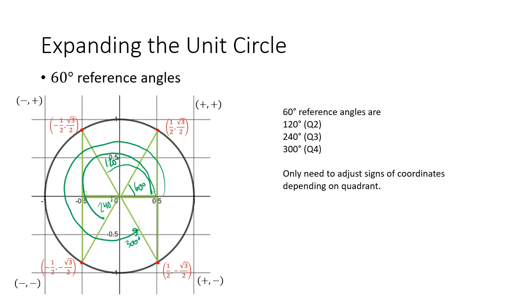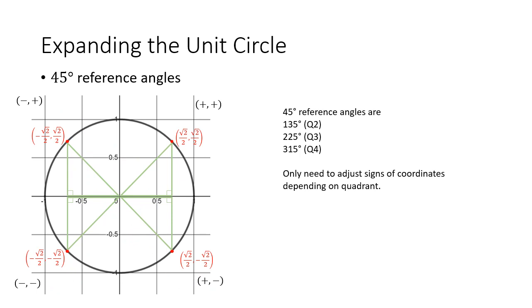All of those 60-degree reference angles are 60 degrees off of the horizontal in each quadrant. They all have the same coordinates, which are 1/2 and root 3 over 2, except we change the sign depending on which quadrant it is. Quadrant 4 has a positive x, a negative y. Quadrant 3 has both negative.